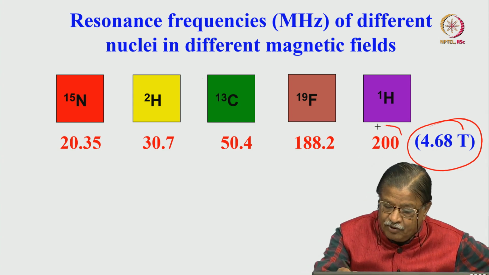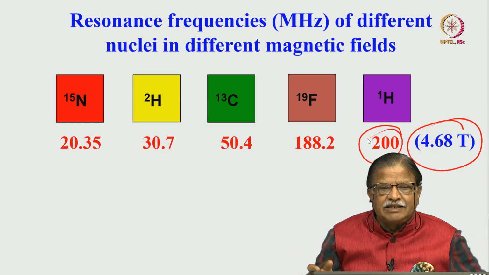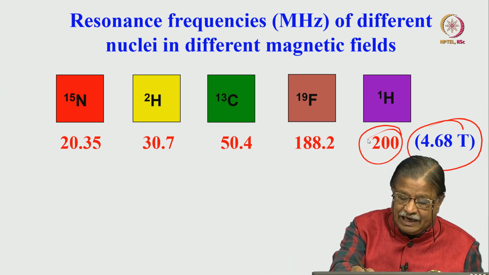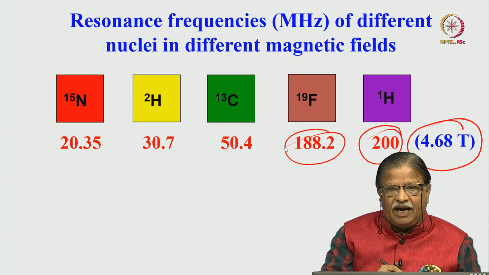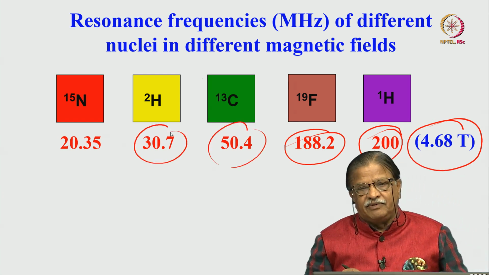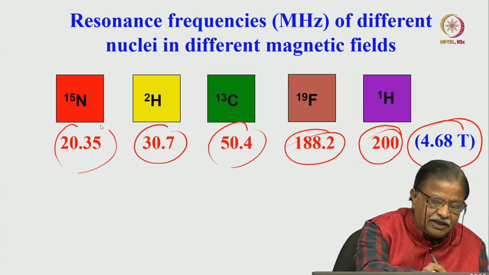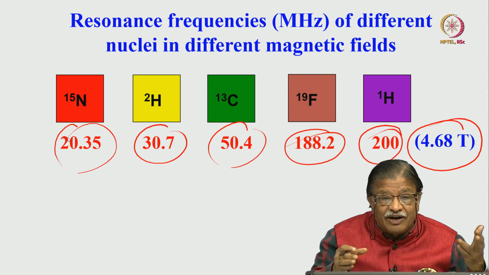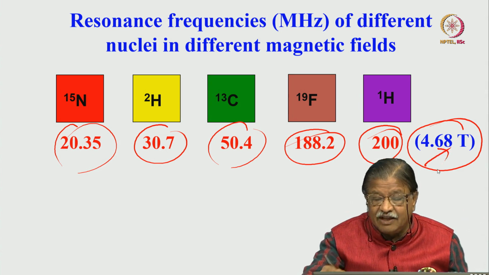If proton resonates at 200, simply take the ratio with gamma. If you know gamma, I can calculate that fluorine comes at 188, carbon at 50, deuterium at 30 and nitrogen at 20. These are the different resonating frequencies for different nuclei in a given magnetic field.